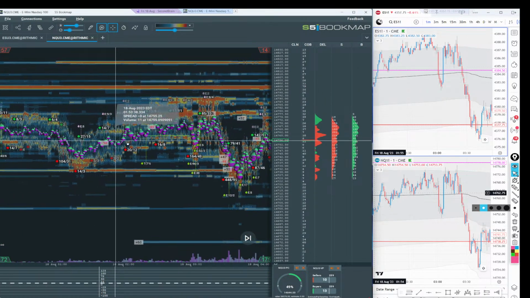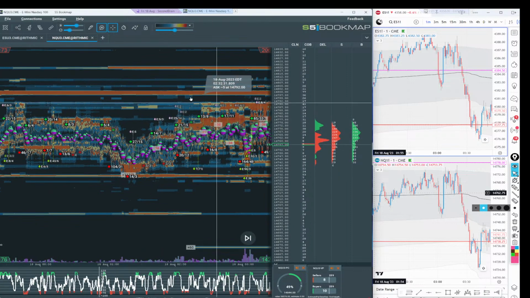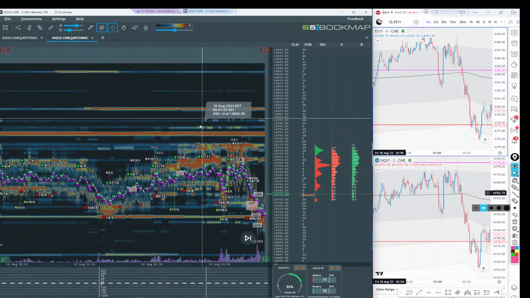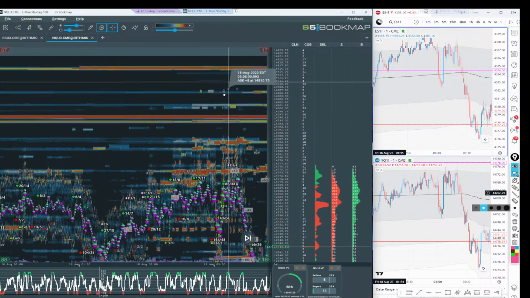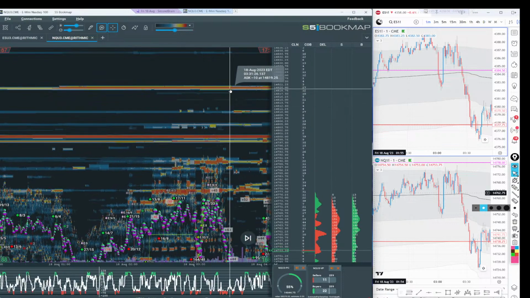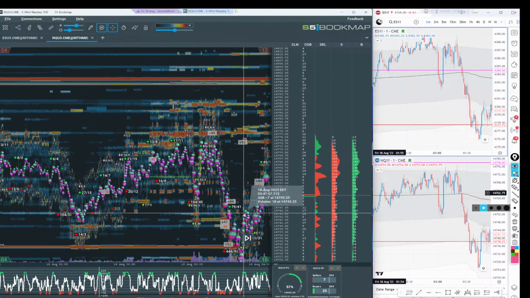So going into the 3 a.m., we had a thick liquidity band at 14,800, which we tend to ignore, it being a round number. Heavy liquidity resistance just above. Another liquidity potential target, but that was only 28. So I tend to discount resting liquidity under 30. If we zoom in and double check, it was 27. So that was not huge.